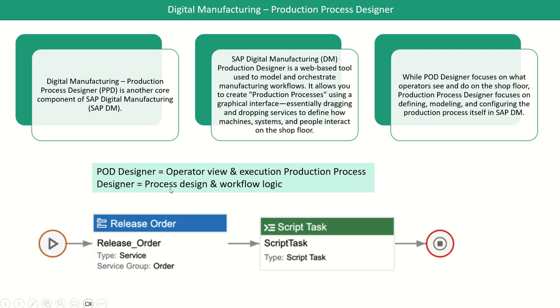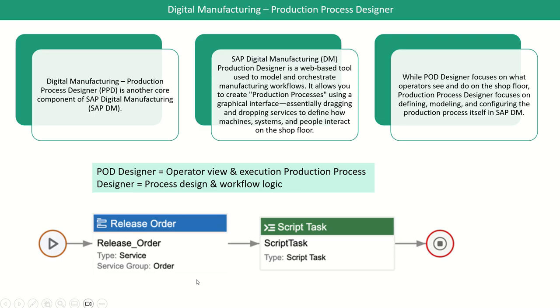But in the production process designer, you can write the workflow logic. I have just shown here that, as you can see, release order is one service. A script is not a service. This is where, if there is complex logic, we can write it in a script task, and that will be executed.